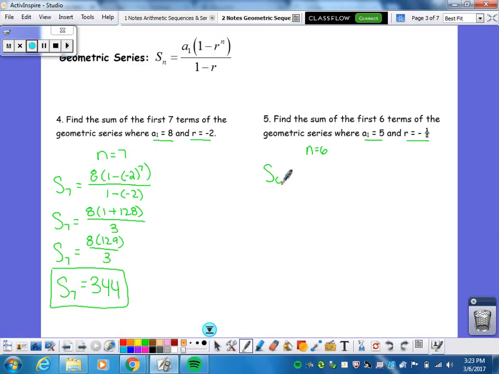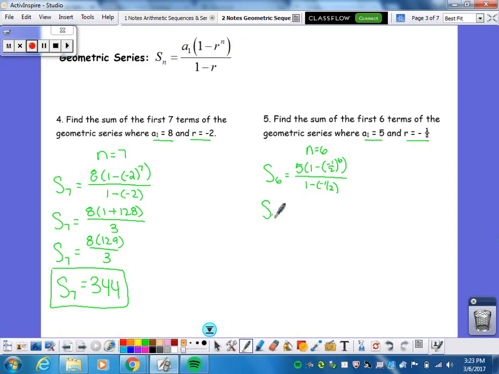So let's do that. S sub 6 is equal to 5 times 1 minus negative 1/2 raised to the 6th power, all over 1 minus negative 1/2.